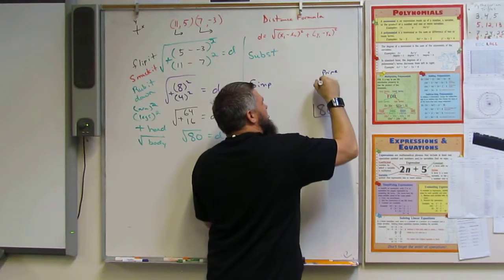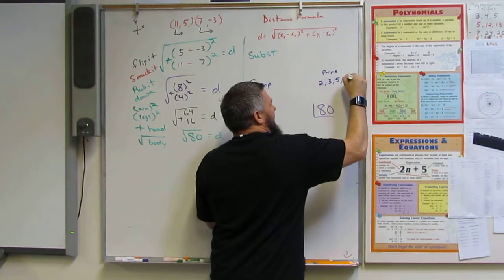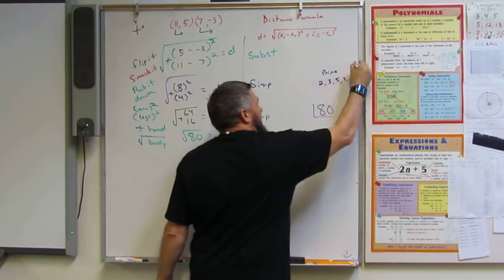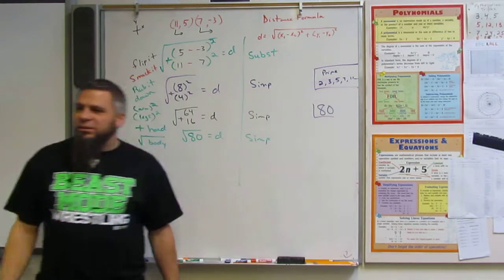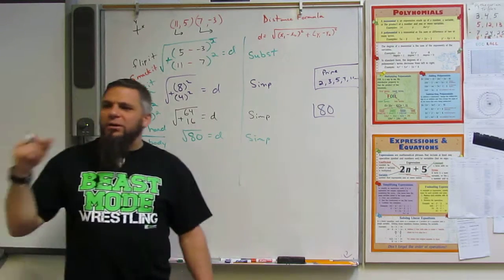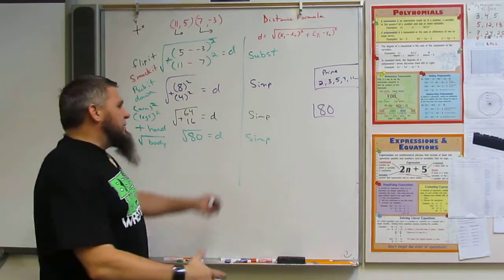Let's start with 2, 3, 5, 7, and 11, dot, dot, dot. There's more of them, but you may want to keep that in your cheat sheet. And always start with the lowest prime that goes into 80.